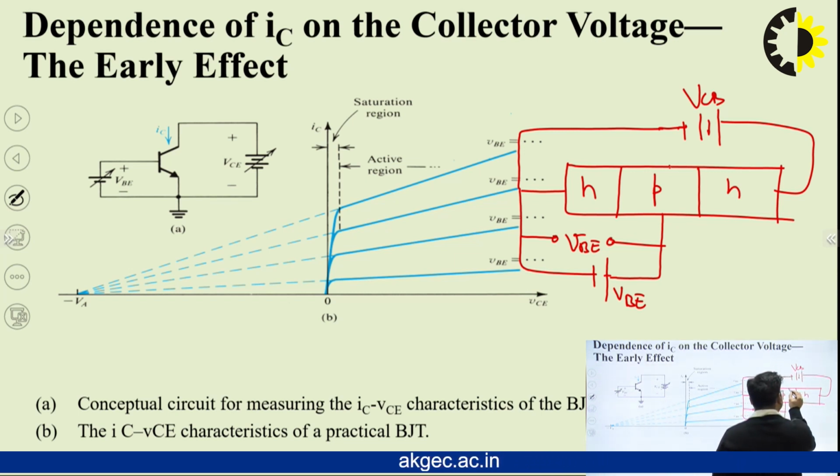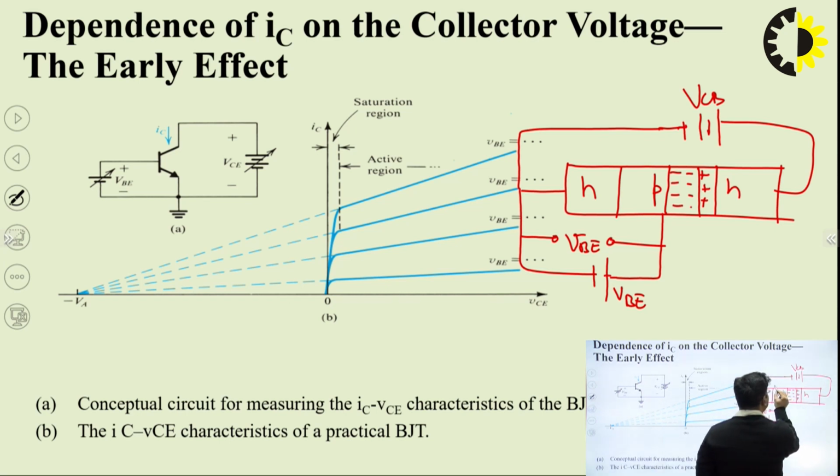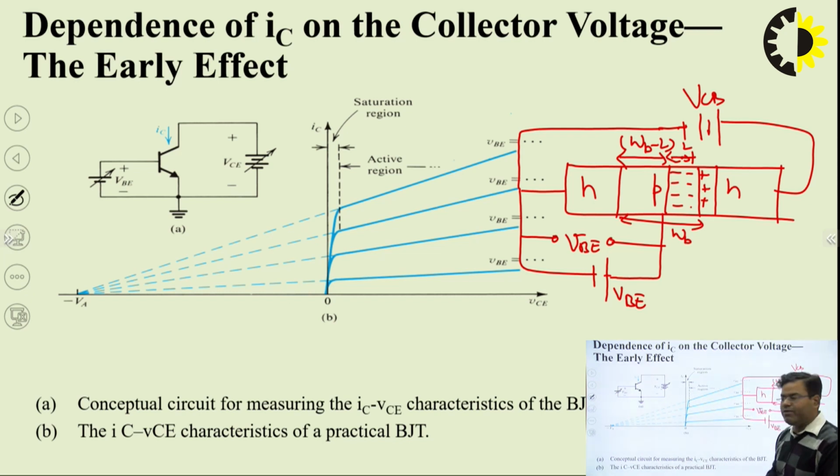So, with increasing VCB, this depletion region will increase. With increasing depletion region, this width decreases to WB minus L, as we are increasing the depletion width L. So, the total width WB will be decreased to WB minus L. So, this is the early effect.